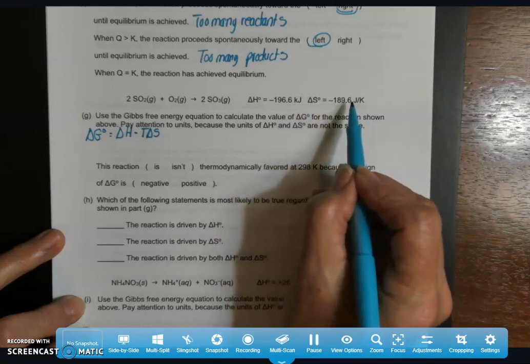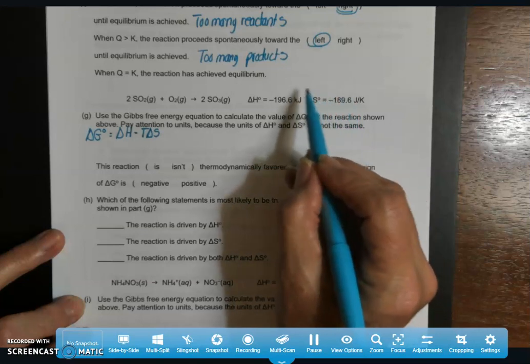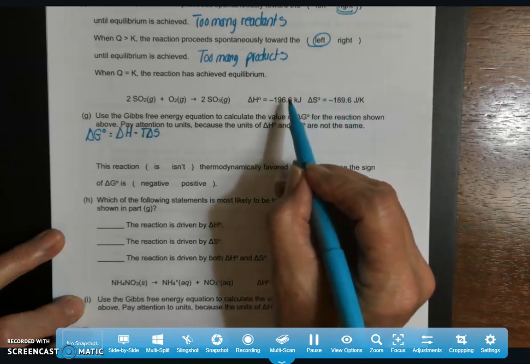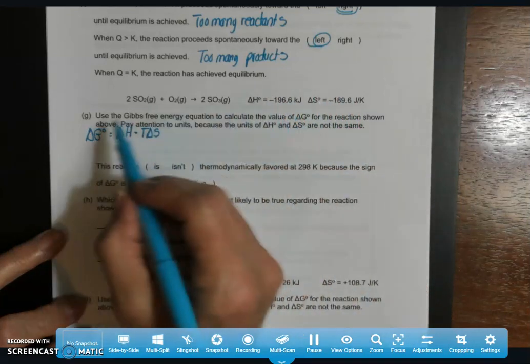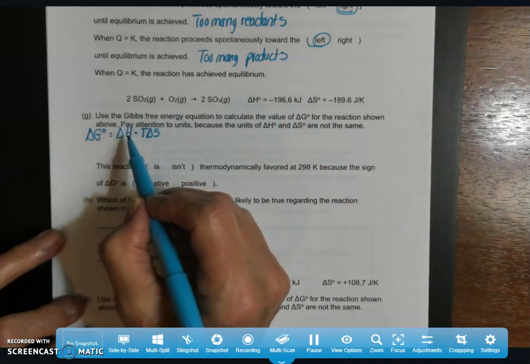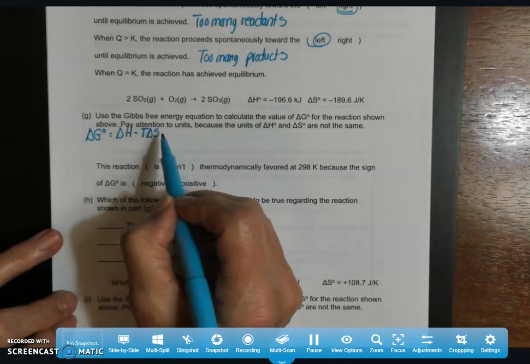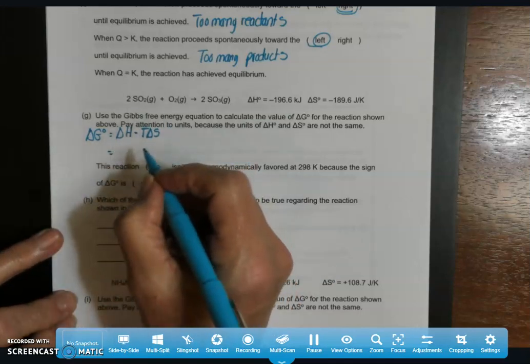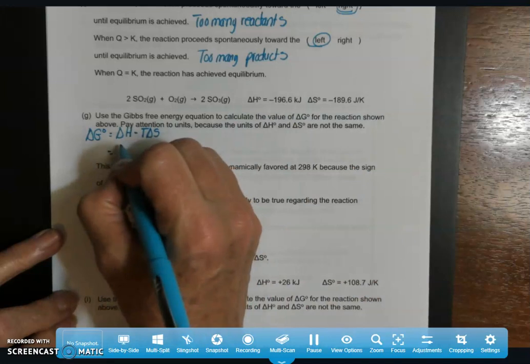So we're going to convert all of our entropy into kilojoules, because in tables of values, delta G and delta H are listed in kilojoules, if you remember, and delta S is in joules. So when I go to plug this in, I'm going to put this value in.